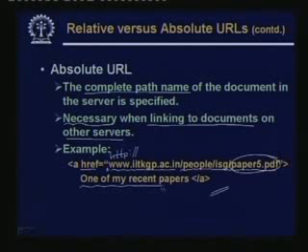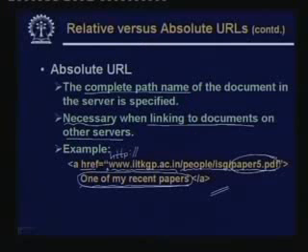Then the text which will be highlighted. Just one point, the text which will be highlighted I mentioned, this will be displayed on the browser, either colored or underlined or both in some way. This part of the text is called a hypertext. This is a text with a link to other resource. Okay. Fine.